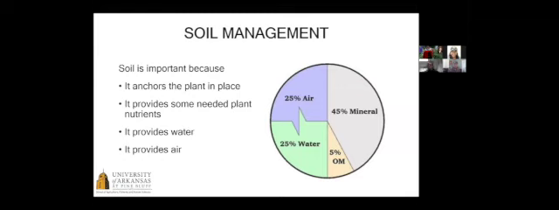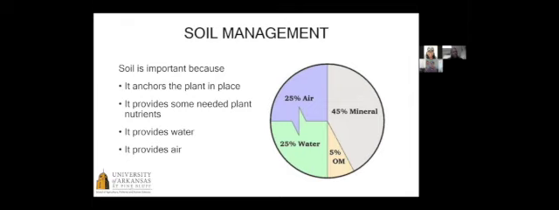There's a chart I have there that sets out the components of soil. We know the major components of soil are its physical and chemical properties. It's also made up of 25% air, and 25% of our soil is water.